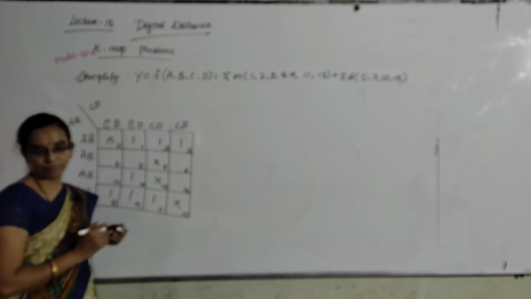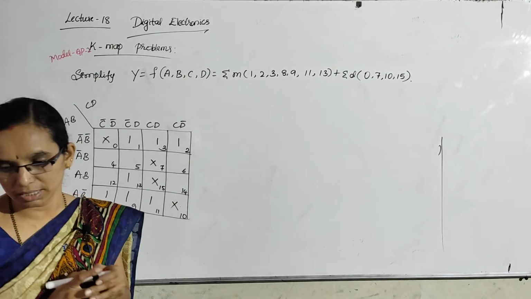Okay, markings 1, 2, 3, 8, 9, 11, 13 and don't cares 0, 7, 10, 15. Here 5 is not mentioned, I guess. Yes, it is not there.